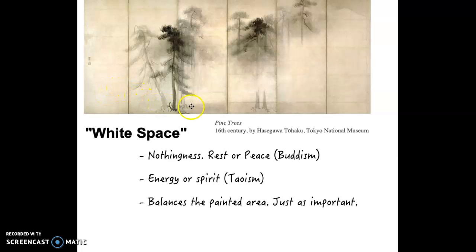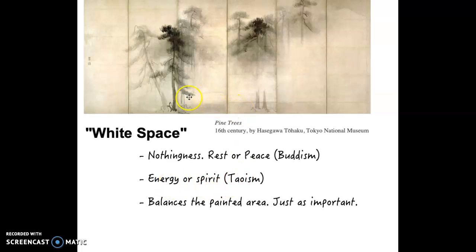Whereas here in the West, it would be traditional to just paint every single space. In the East, it's good to have a big empty space for the eye to just rest and have peace.